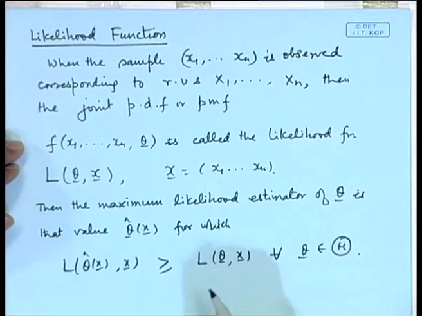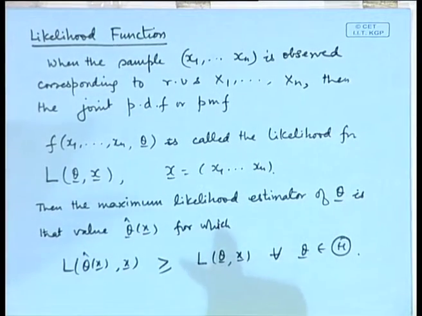So, basically it becomes an optimization problem. That means we have to find the extremum points of the likelihood function. Now, for that we may use the methods of calculus or any other analytical methods.